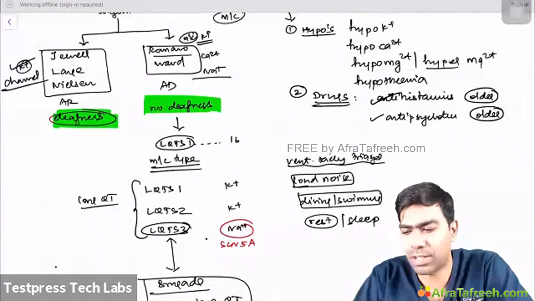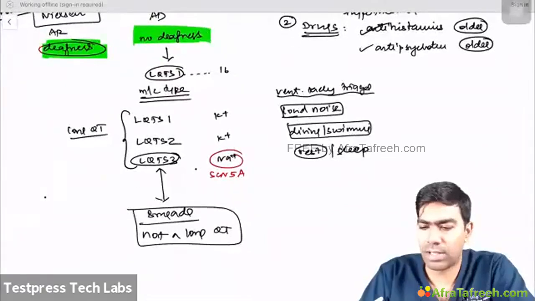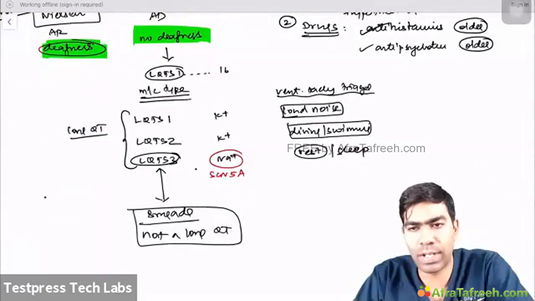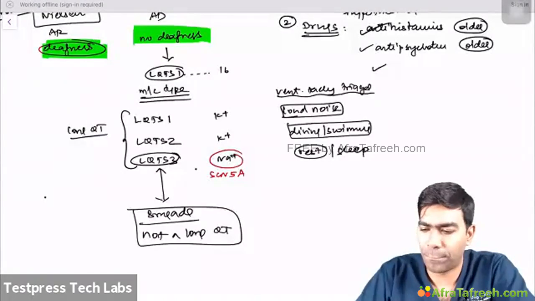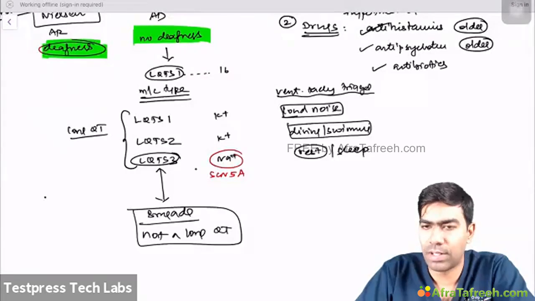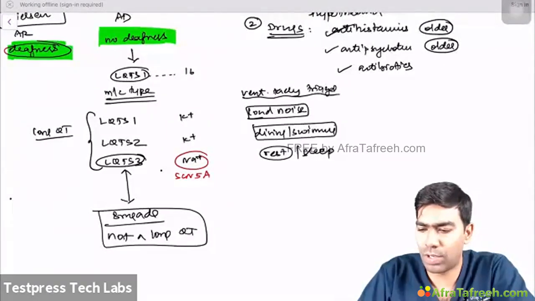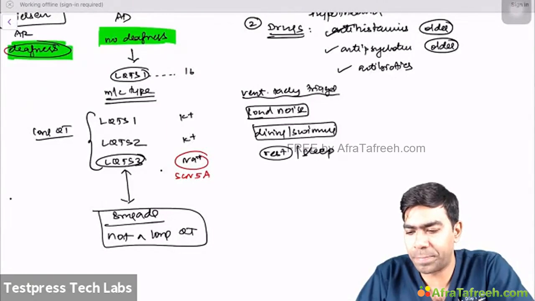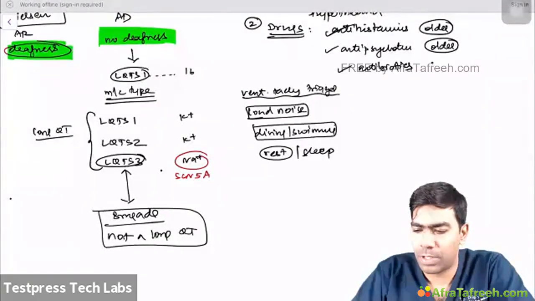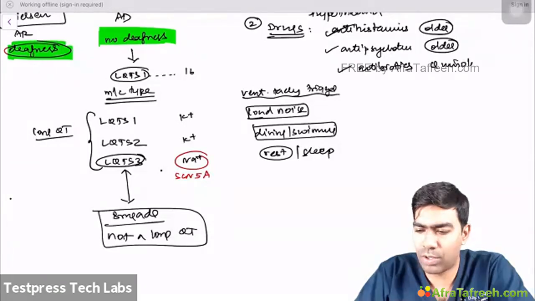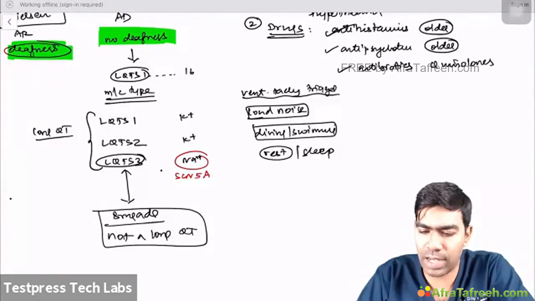And newer generations like risperidone, ziprasidone can also, to an extent, produce long QT. Then antibiotics can produce long QT. What are the antibiotics that can produce long QT? You can get it with quinolones. Very important, because I used to tell quinolones as a mnemonic, one of the important side effects of quinolones is long QT.